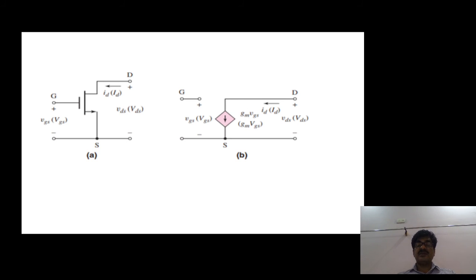That's why it is represented as open circuited in the equivalent circuit. Whereas from drain to source, it is represented with a current source with the value gm VGS, the same as in a transistor. So this is the small signal model for the MOS transistor.